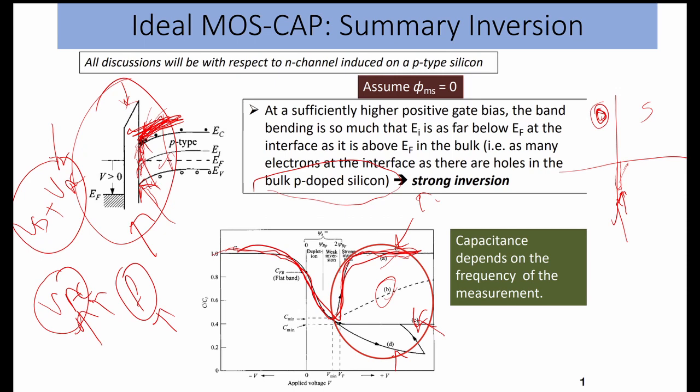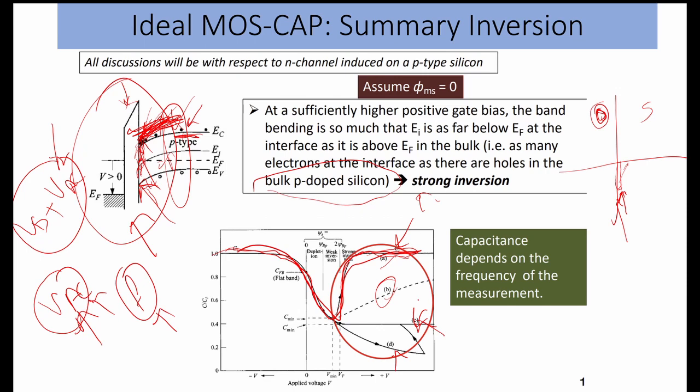The ionization can happen quickly, and where is the ionization happening? It is happening at the edge of the depletion region. So the positive charge is increasing; we can say the negative ions are increasing and decreasing, or we can say the depletion region width is increasing and decreasing because of the high frequency.